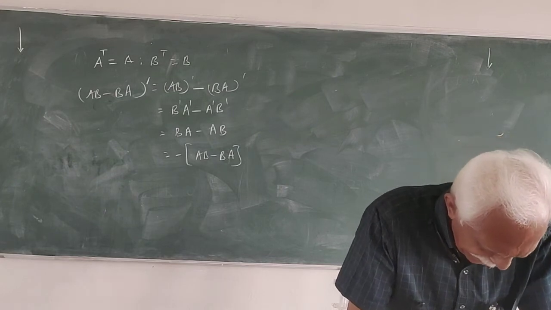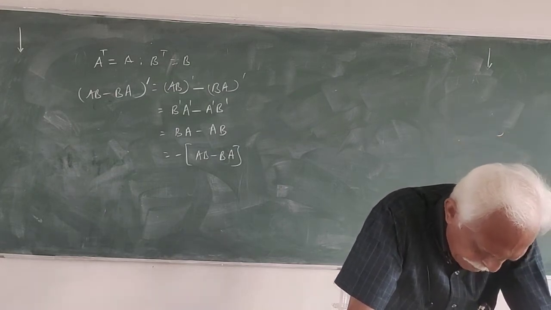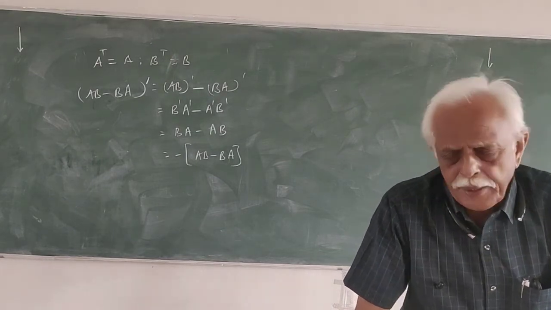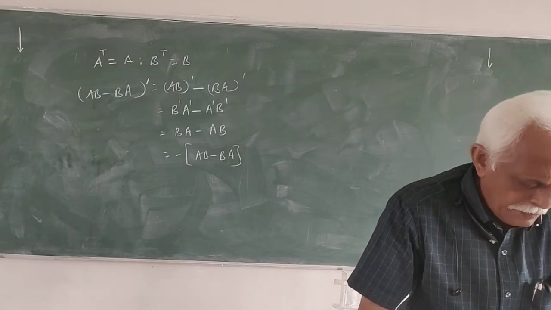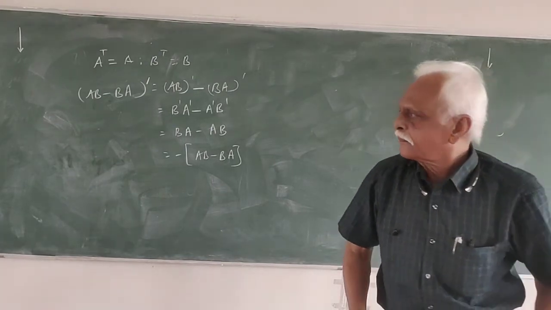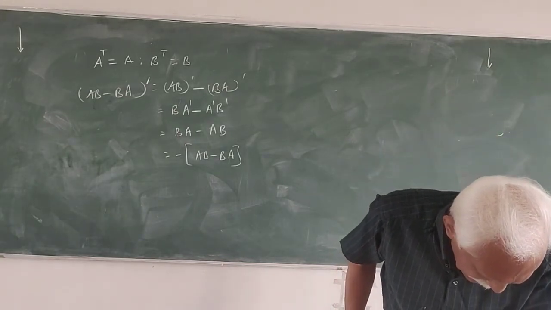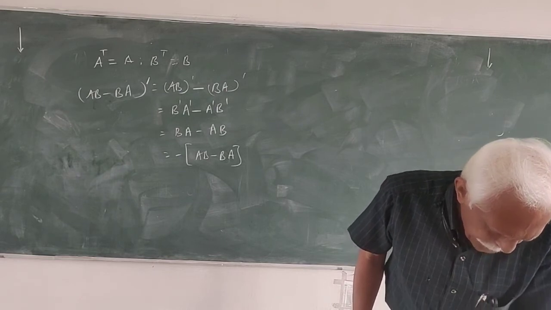Bit number 19: if a matrix A is both symmetric and skew symmetric, then it must be a null matrix. Make a note. A null matrix is always symmetric and skew symmetric.